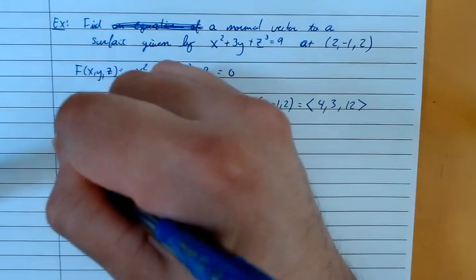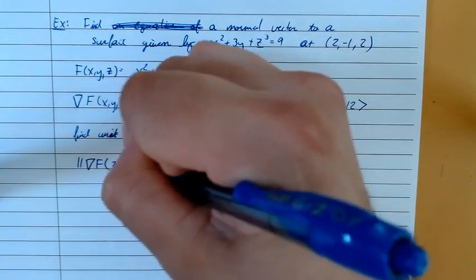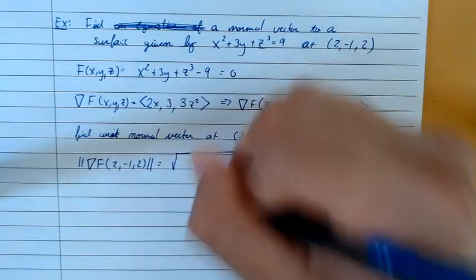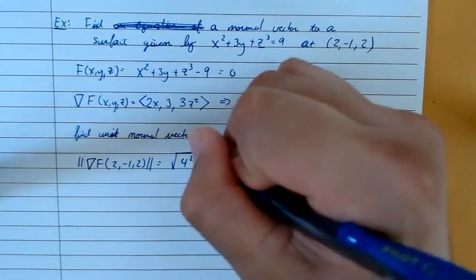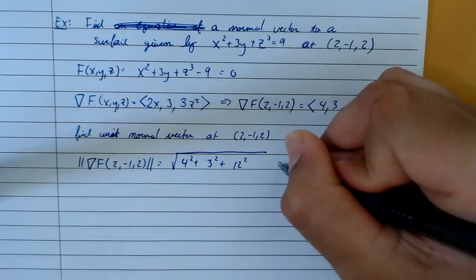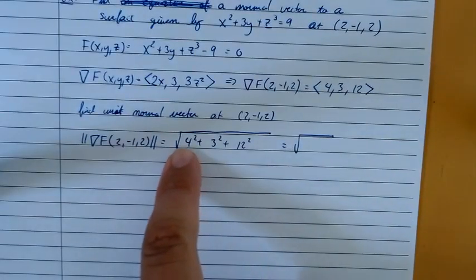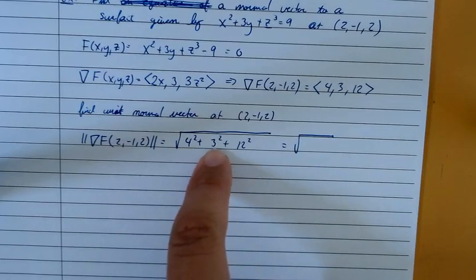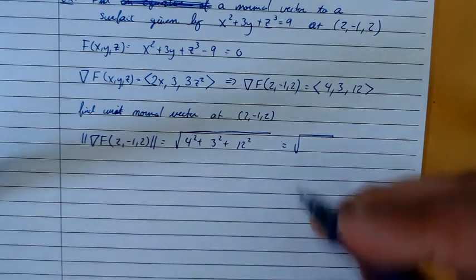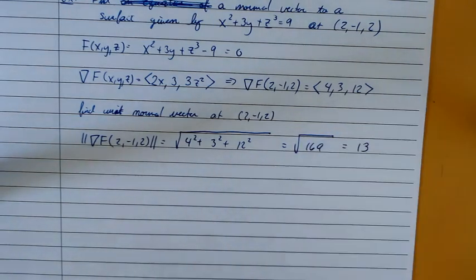So the magnitude of the gradient of f at 2, -1, 2 is equal to the square root of 4 squared plus 3 squared plus 12 squared. That's the square root of 16 plus 9 is 25, plus 144 is 169. So the square root of 169 will give us 13.